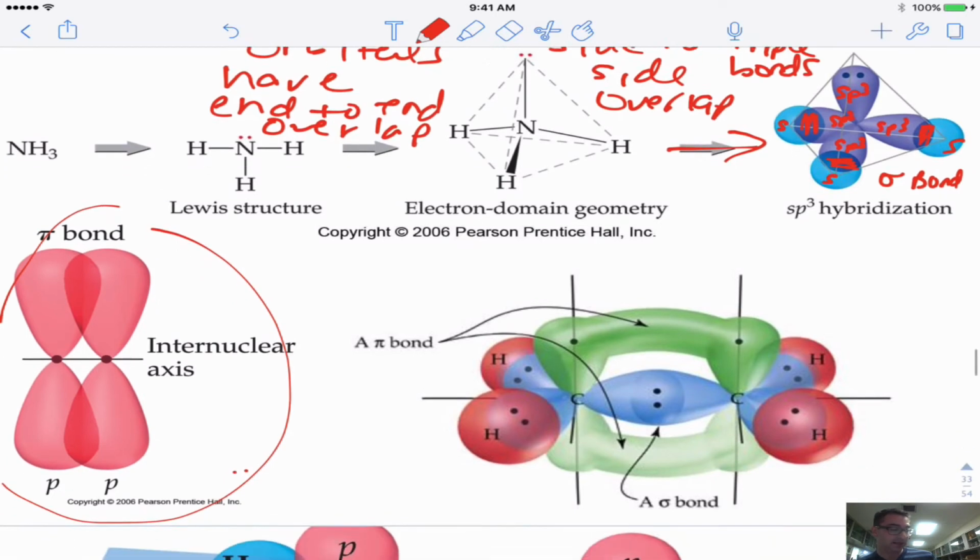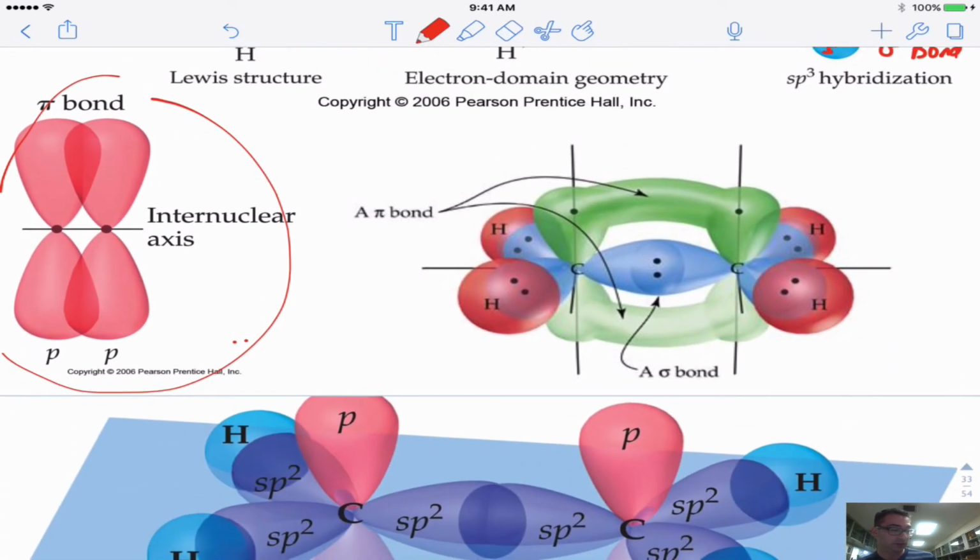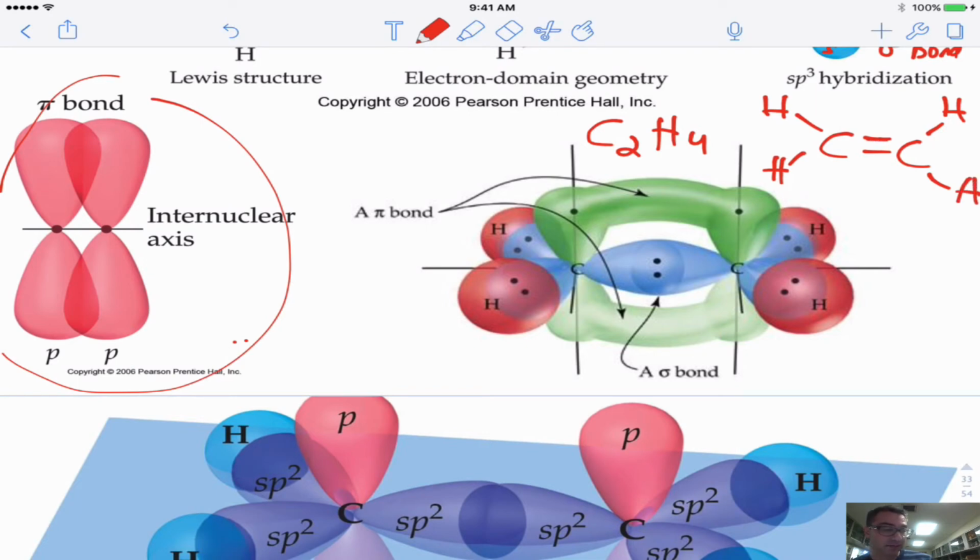But then this here shows you what it looks like if you have a molecule of C2H4. C2H4 looks like this. You have this double bond. So with this double bond, one of these bonds here is a pi bond.